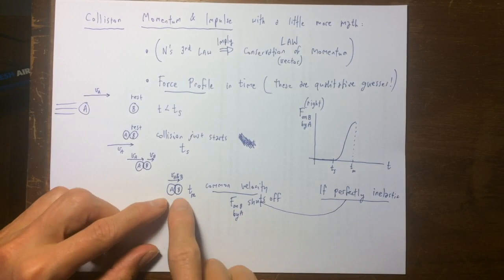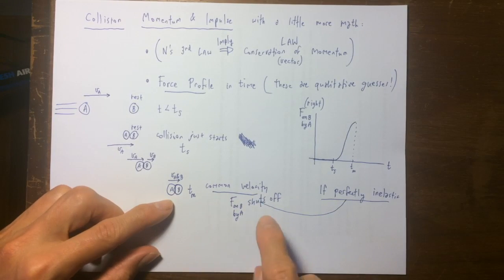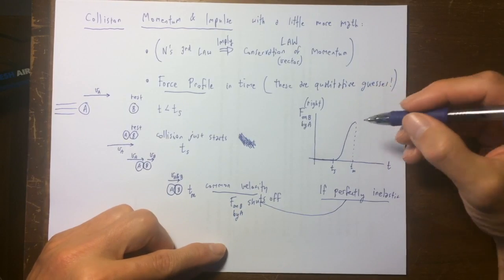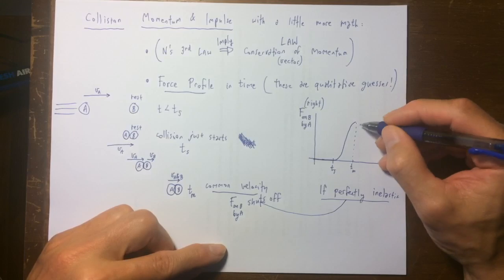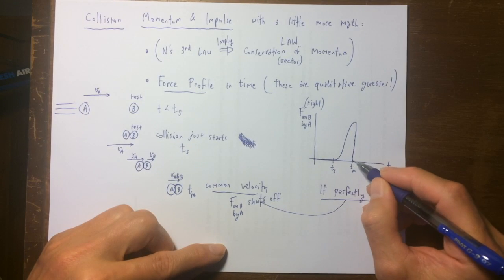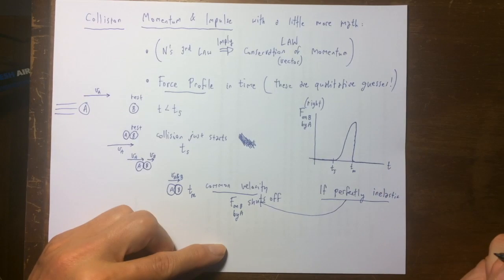That is, they stick to each other, and A no longer pushes on B. So in this force profile, I'm just going to turn it off. It goes all the way down to 0, and 0 afterwards.